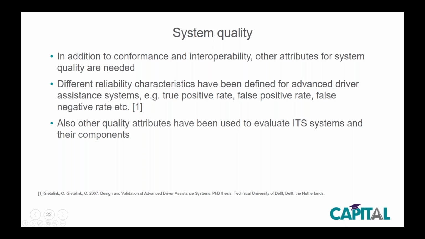For advanced driver assistance systems, different reliability measures have been defined, such as true positive rate, false positive rate, and so on. And there may also be other quality attributes. For example, for real-time traffic information, a quality package describing quality criteria and assessment methods has been defined by the EU EIP project.